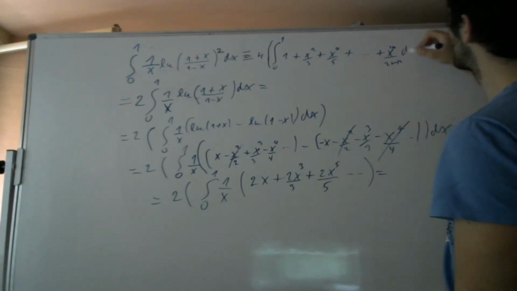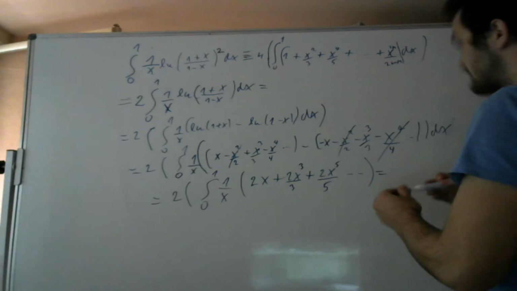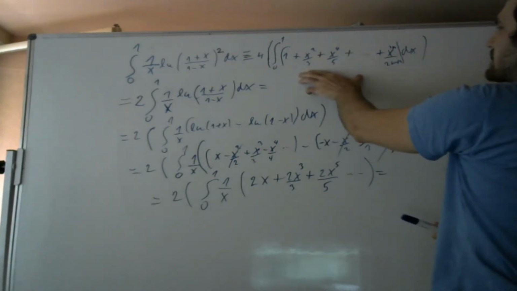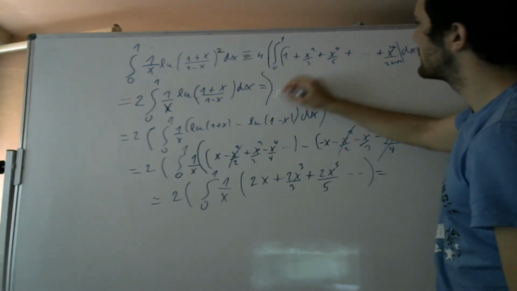Since even powers are in the form 2n divided by 2n plus 1, this is fine.